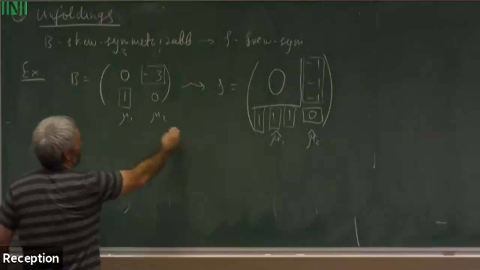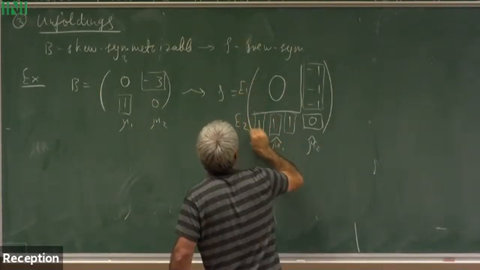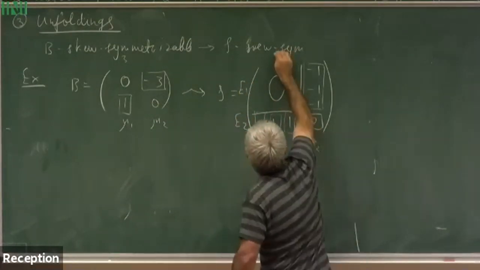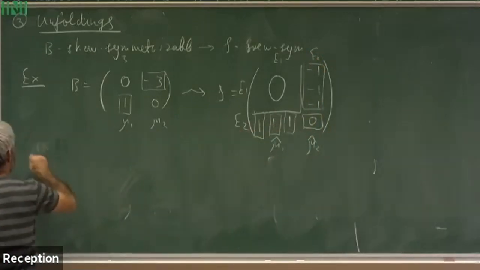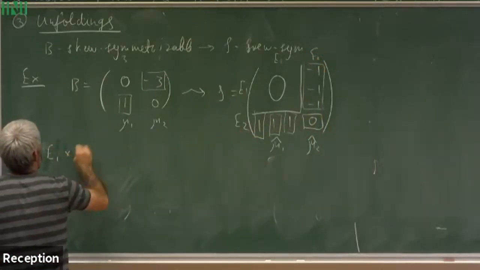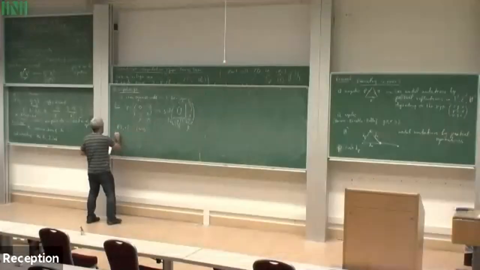Here we have blocks E1, E2. We have the following properties: first, EI times EI consists of zeros.